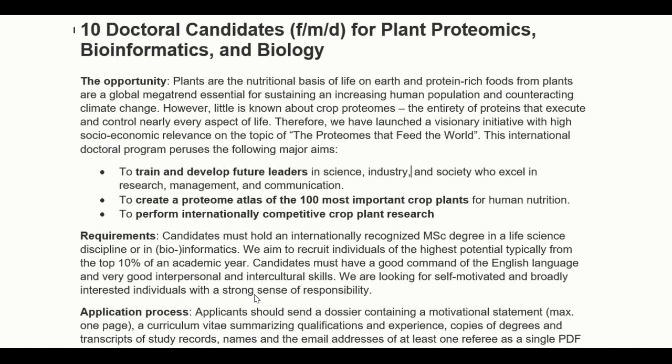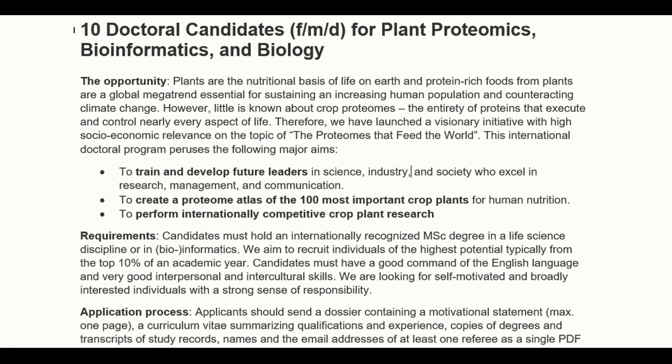Now the application process. Here is the application process. Applicants should send a dossier containing a motivation letter. Here they have mentioned a maximum of one page, so now you have a limit, don't exceed that, okay. And a curriculum vitae, in which you should summarize your qualifications and experience, and this is what they would be looking at in your CV.